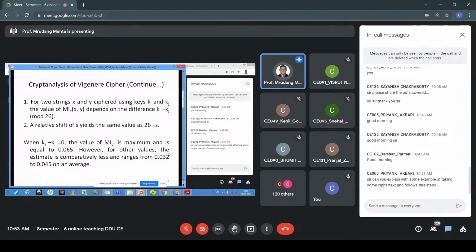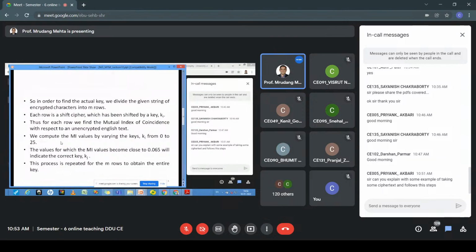However, for other values, the estimate is comparatively less and ranges from 0.032 to 0.045 on average. So this is what is going to happen when we have encrypted text. We have these other values, so Ki minus Kj will be some other value, and we should try to bring it near to 0.